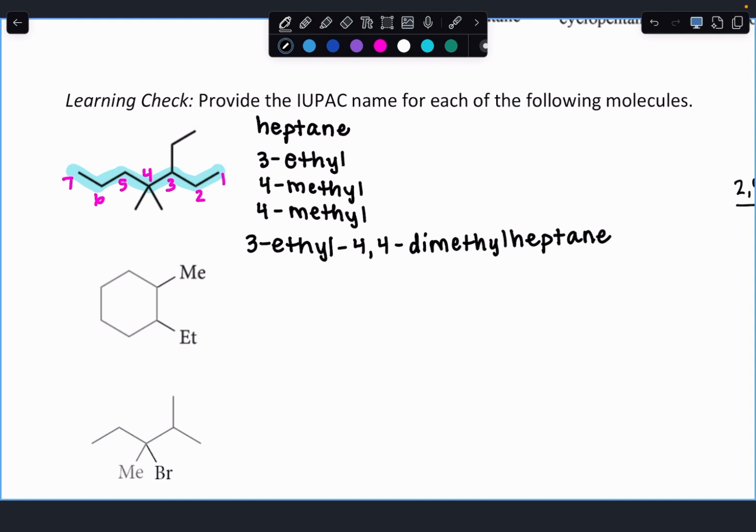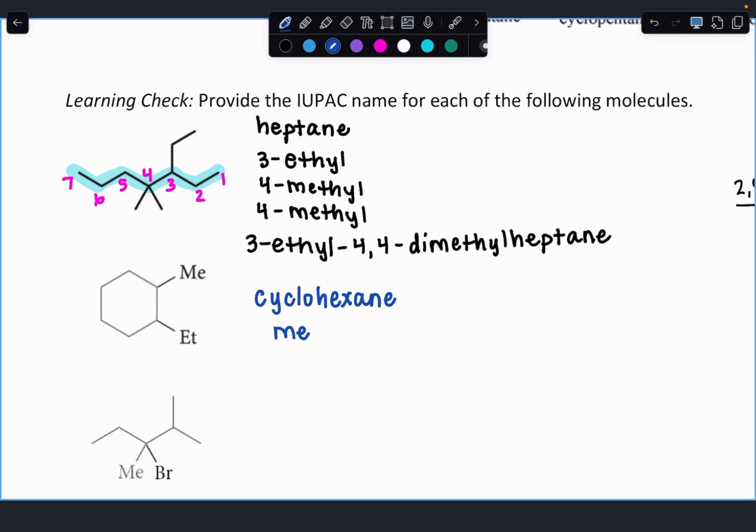Okay. Ready for the next one? Okay. Here we have a ring. We have a 6-membered ring, so that's going to be cyclohexane as the parent chain. And then we have a methyl and an ethyl, so I'll just write those down.